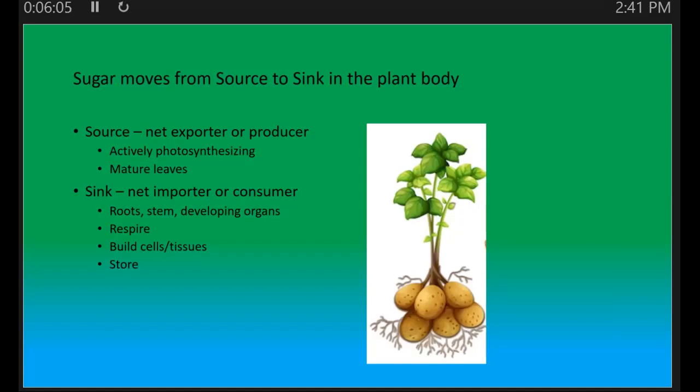So you're seeing a depiction of a potato plant here where the leaves would be the source and the tuber forming underground, those would be sink. Those are really good examples of source and sink tissue. Okay, so the sugar moves from source to sink.